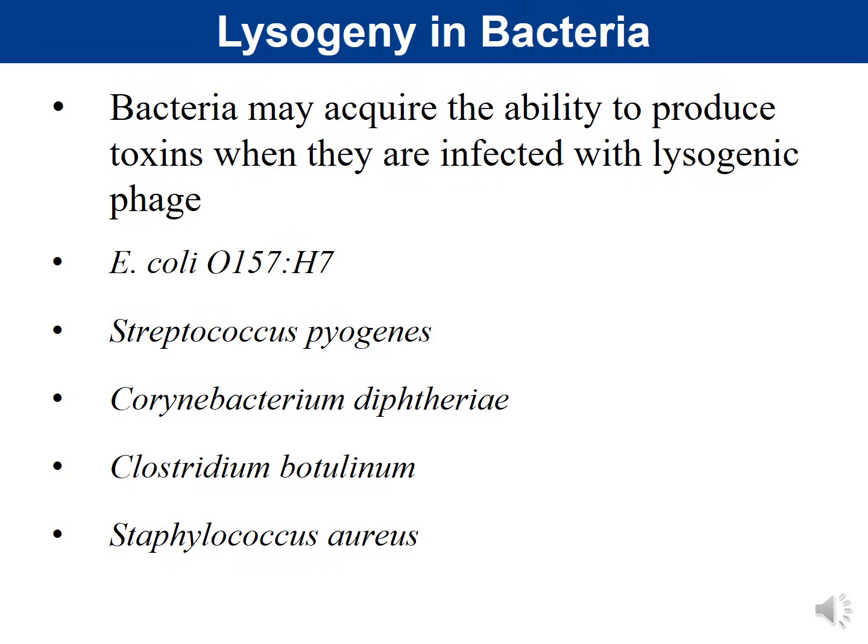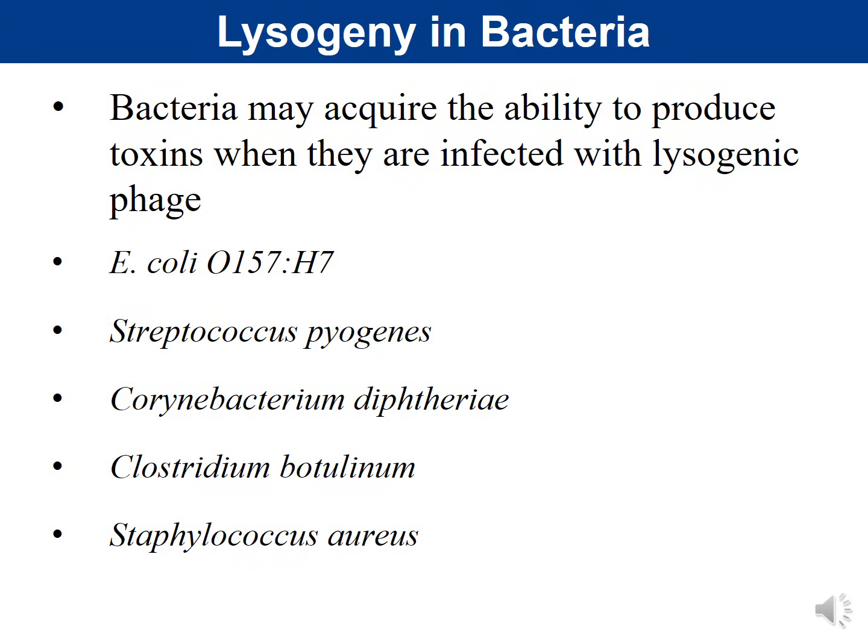So bacteria may acquire the ability to produce toxins when they're infected with lysogenic phage. And so if you remember back to when we talked about horizontal gene transfer, one of the ways that DNA sequences can be transferred from one organism to another is through, again, transduction.